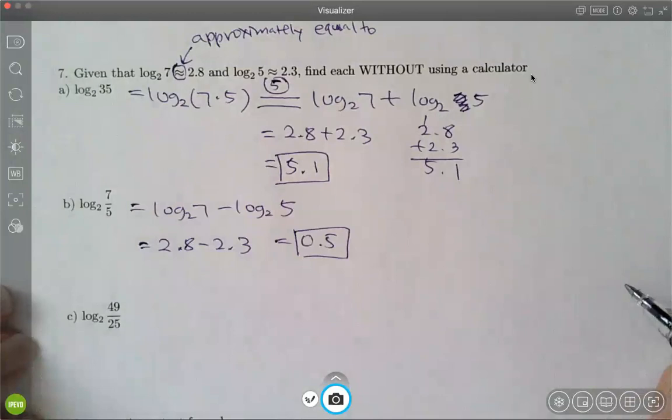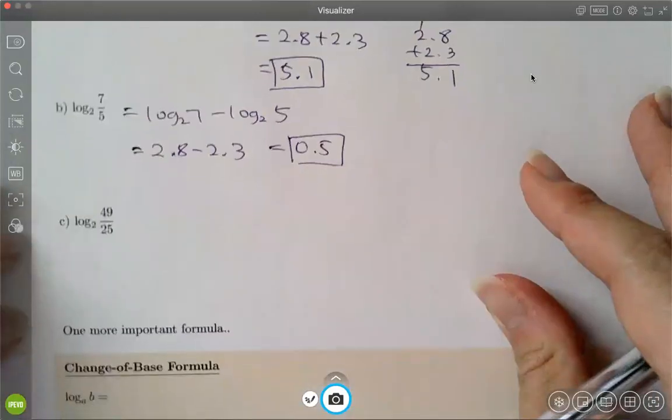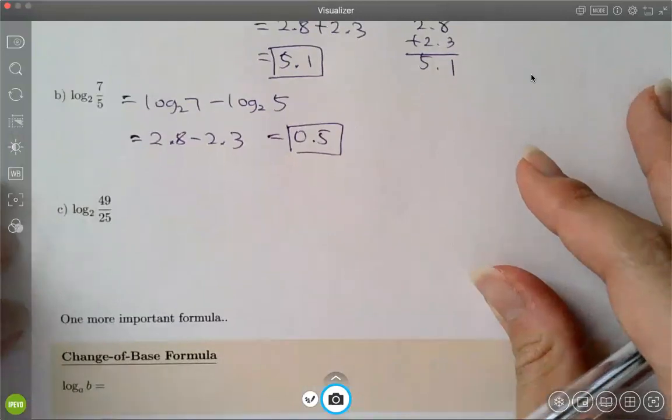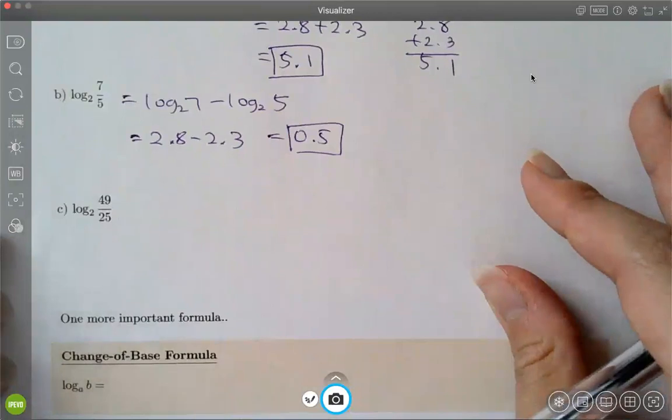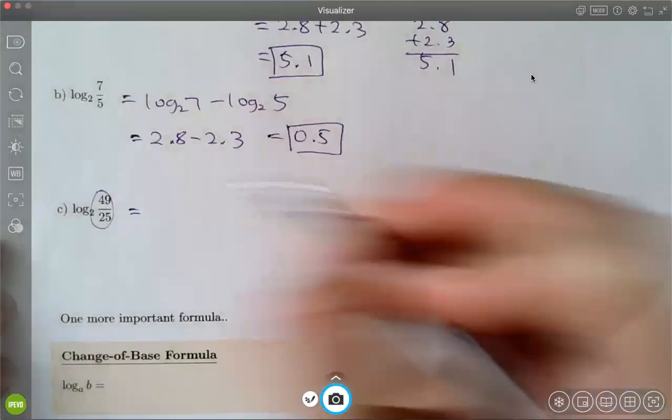And now, log 49 over 25. At this point, we don't see 7 and 5 right away. Are we in trouble? No. It seems like we can get 49 from 7 and 25 from 5, right? How? First, 49 over 25. What does that mean?